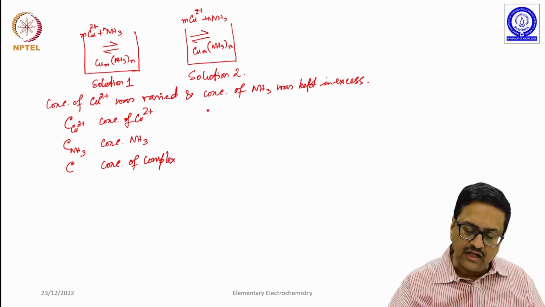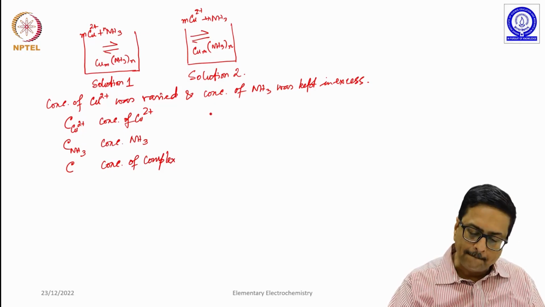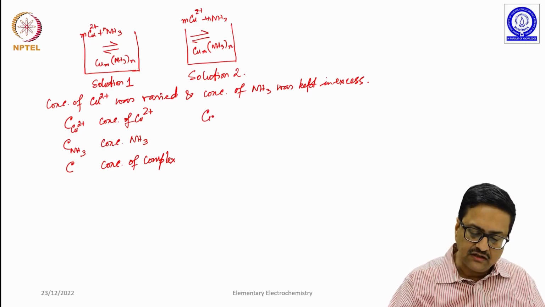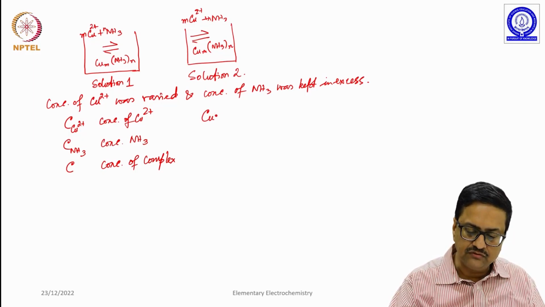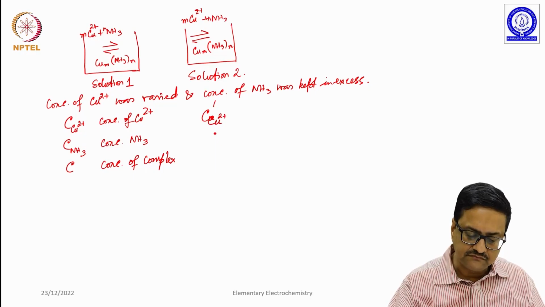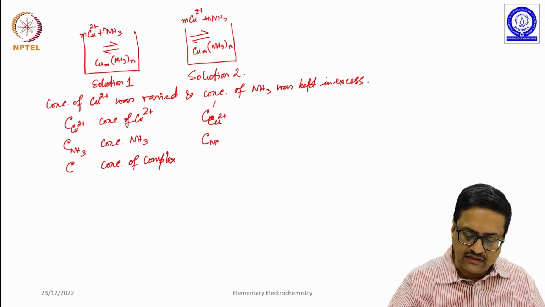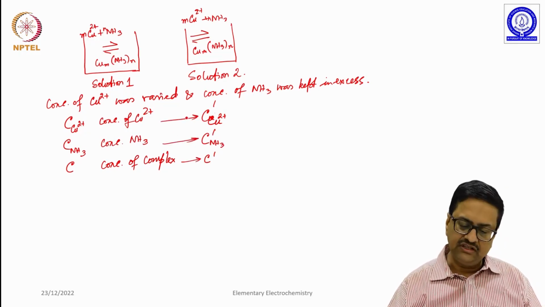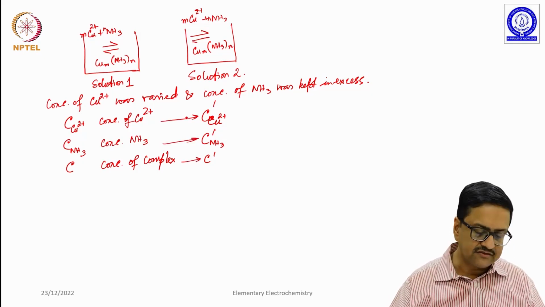The corresponding values for the second solution he assumed to be C Cu2 plus prime, C NH3 prime and C prime for the corresponding concentrations of copper, ammonia and copper complex.